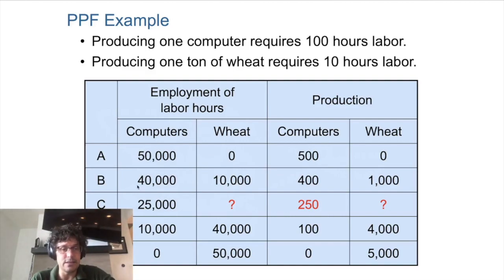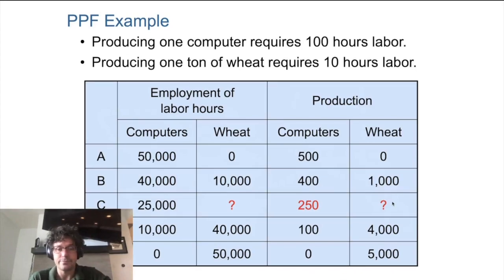So 50,000 plus 0, 40,000 plus 10,000, 25,000 plus 25,000. Here what I should have said is 25,000. If we devote 25,000 to produce wheat, with 1 ton of wheat per 10 hours, we get 2,500 tons of wheat.